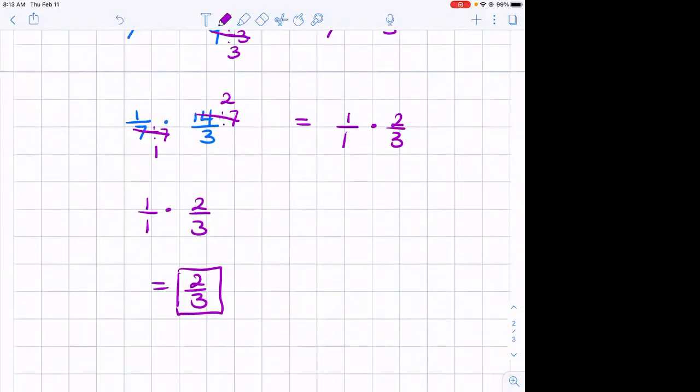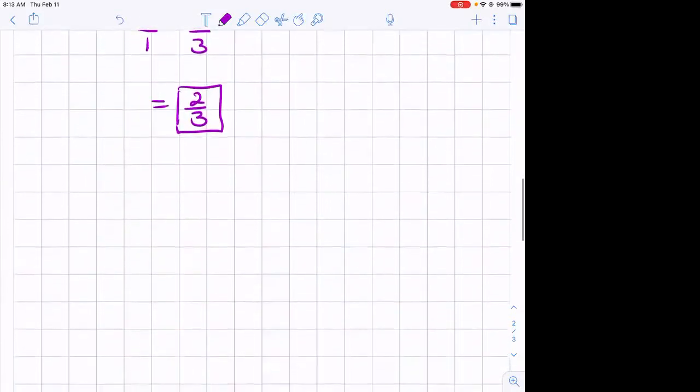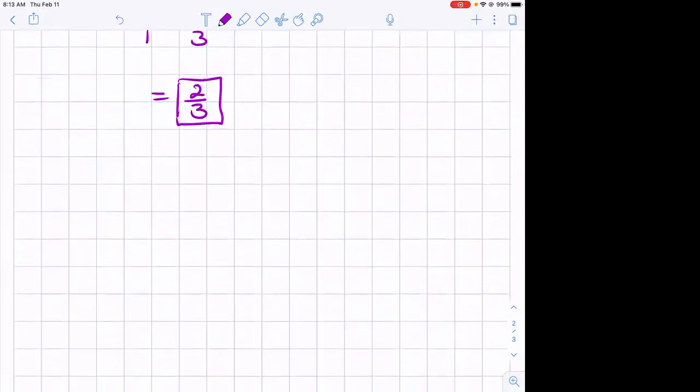Now, the whole idea of simplifying rational expressions or multiplying rational expressions is the same. We had looked at a video on simplifying rational expressions, so that will help you a lot with this section.